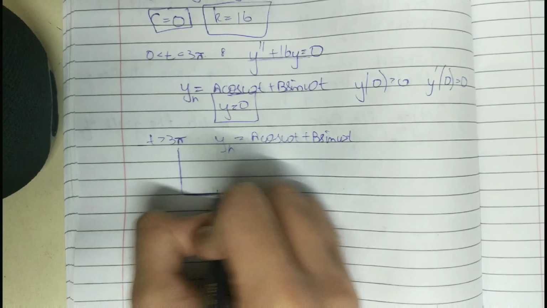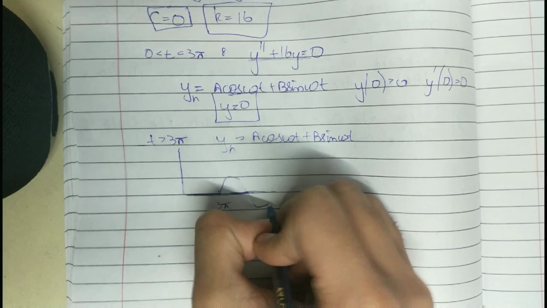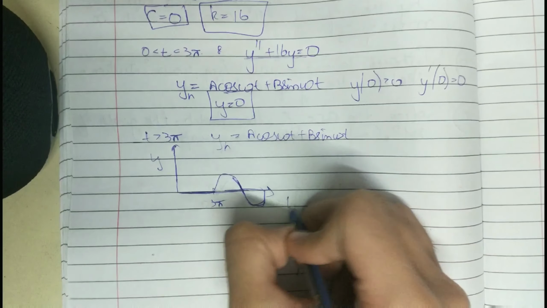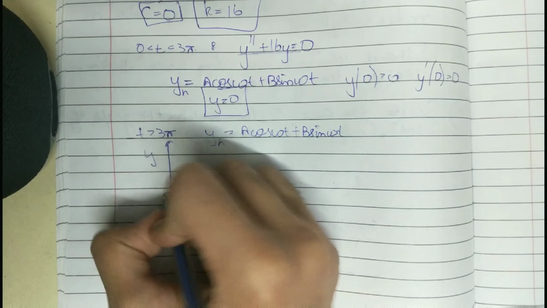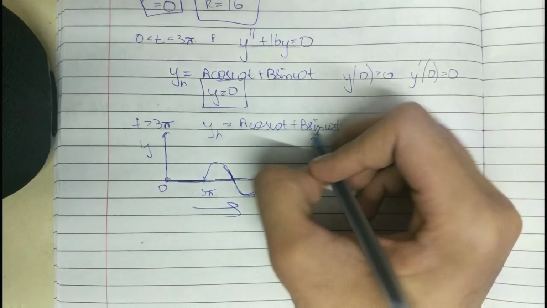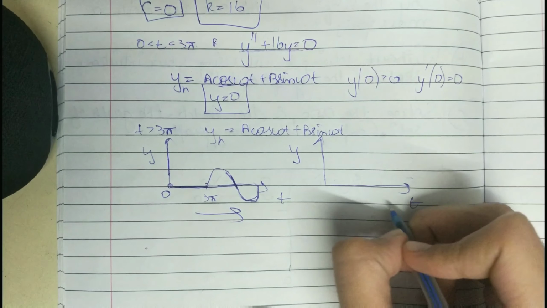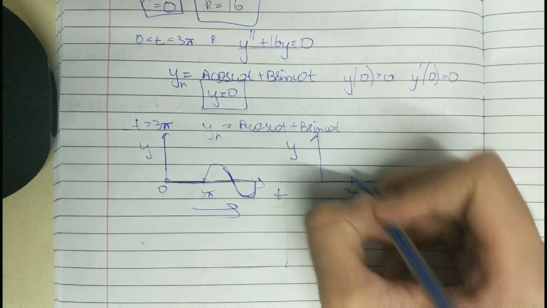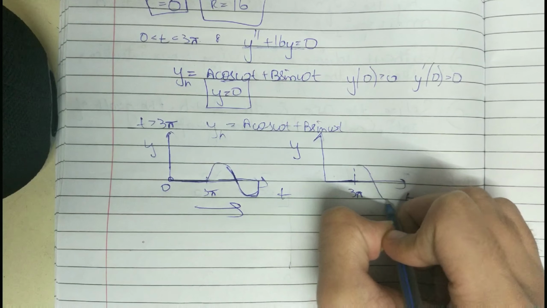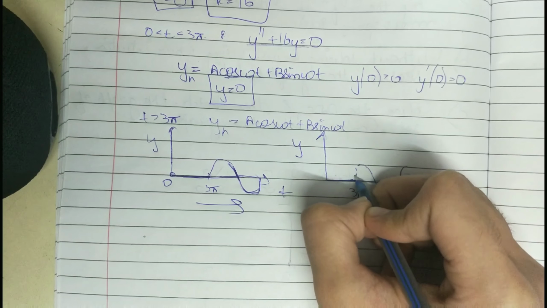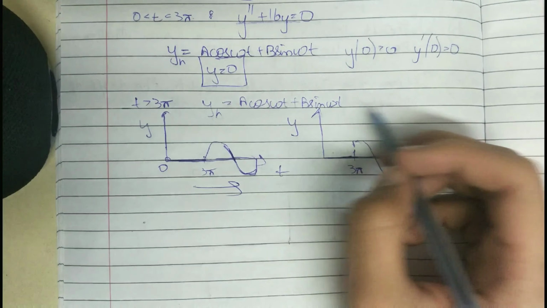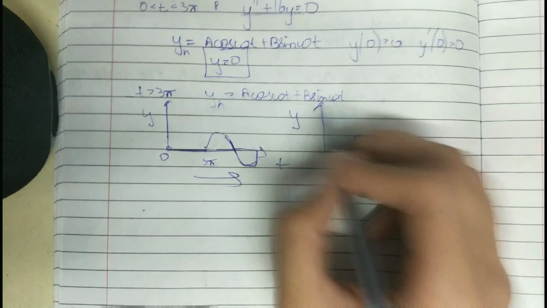After 3 pi, it can be a sine graph that we have here, y and t, or we can have a cos graph after 3 pi, this way, or we could have a superposition of the sine and cosine graph.